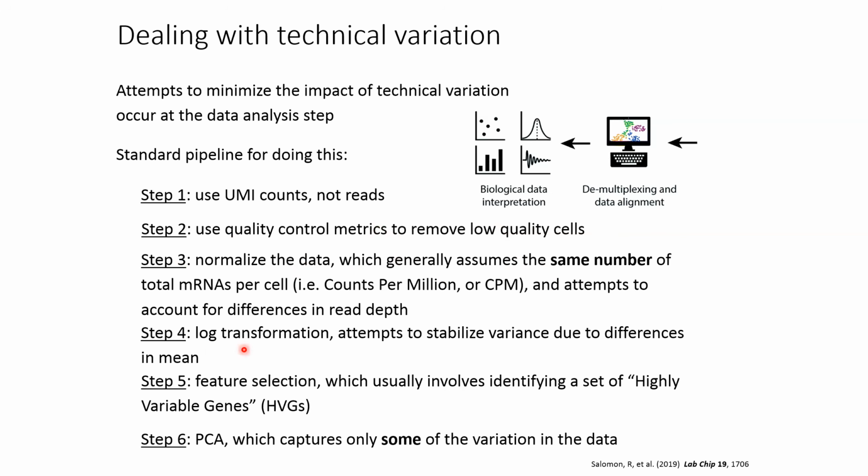Then we do a log transformation to stabilize variance due to differences across the mean. And then feature selection, which involves identifying the set of the most highly variable genes as a function of the mean. And then the final step in the standard pipeline is reducing the dimensionality of the data further using principal component analysis.